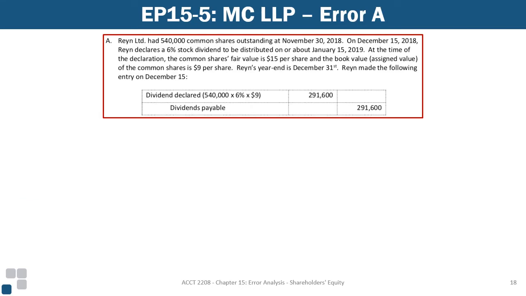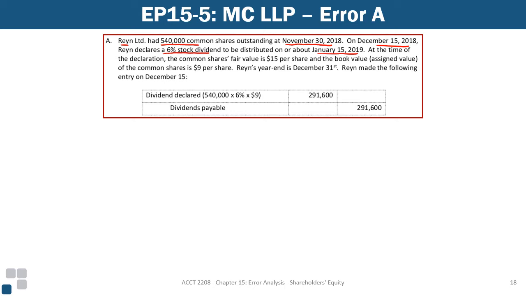Okay, so for error A, or the first one of the clients, Ren Limited had 540,000 common shares outstanding at November 30th, 2018. On December 15th, 2018, they declared a 6% stock dividend to be distributed in the next year, in January 2019.